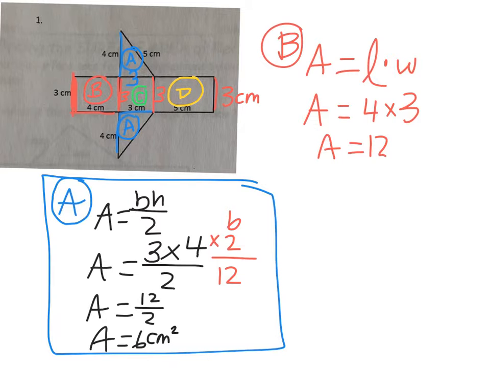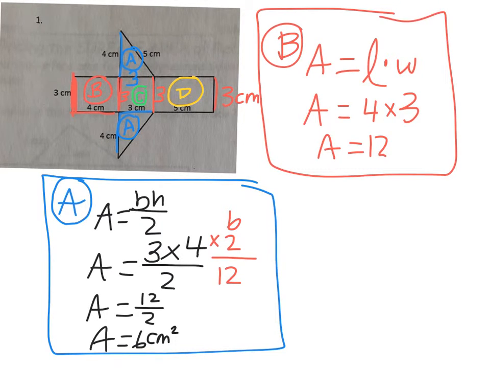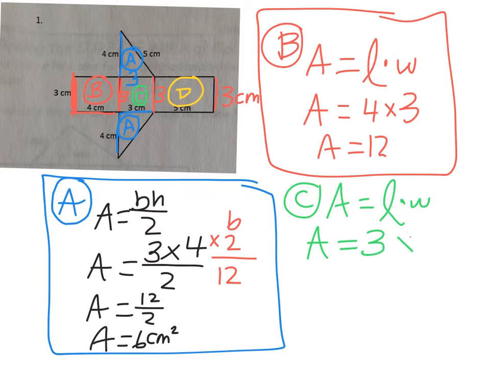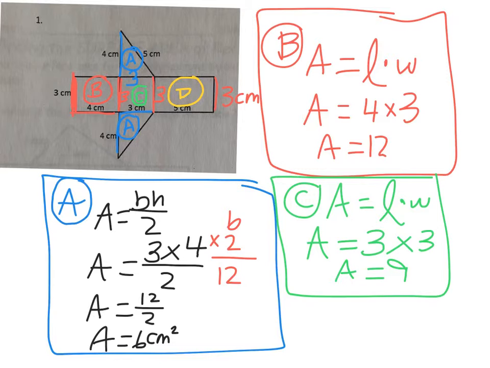And there is only one shape B, so we're good. Shape B is done. Shape C. Again, it's a rectangular figure, so length times width. And our length was 3, our width was 3, so our area for shape C is 9. It's a weird looking 9. And there's only one shape C, so we are good.